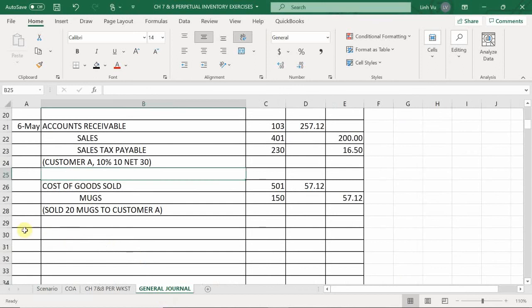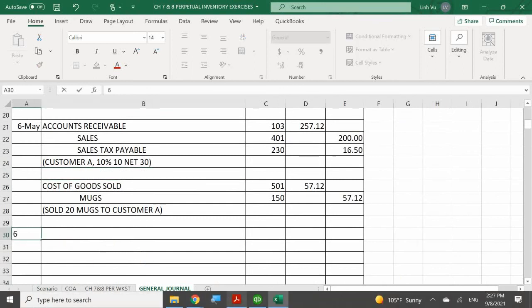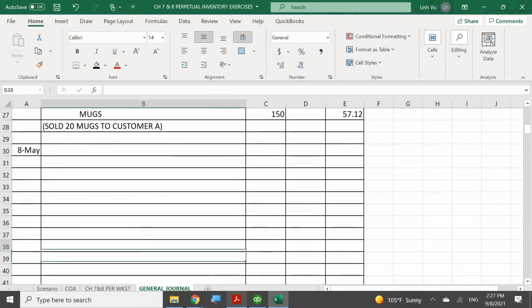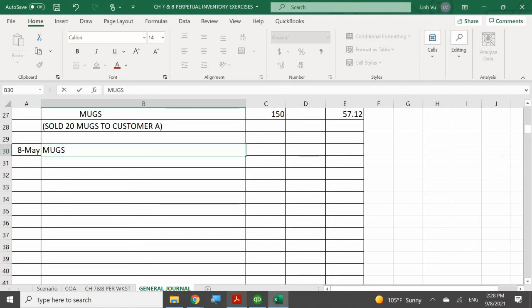The inventory plus 50 equals accounts payable.